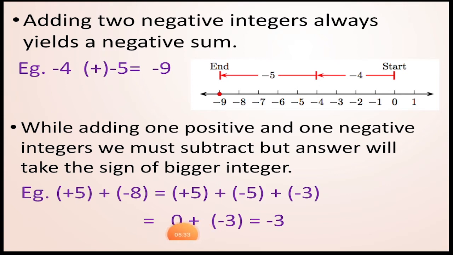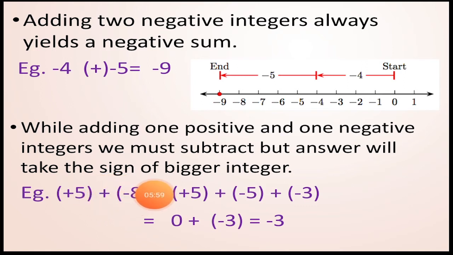So here we have got 0, and what is left here? Plus, and then inside the bracket we have minus 3. So when we add this minus 3 with 0, we get minus 3 only as the sum. So always remember, when we add one positive and one negative integer, we go ahead with subtraction.